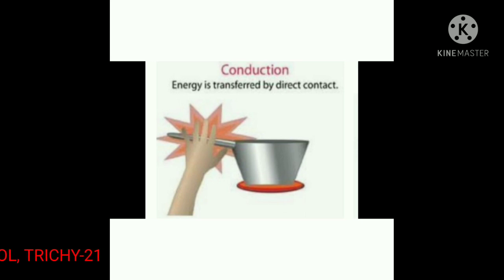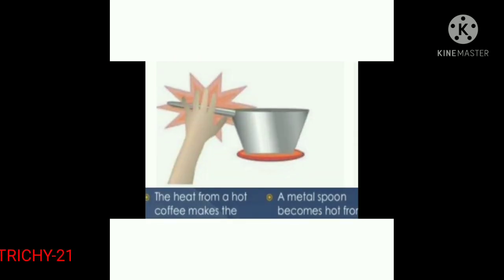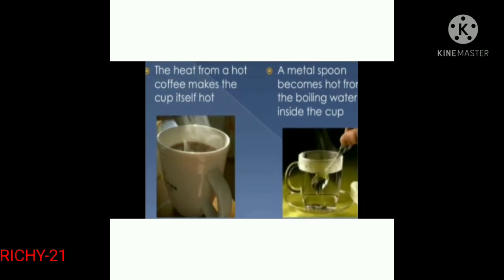When the vessel is heated, heat is transferred from the metal to the food. The heat from hot coffee makes the cup itself hot. A metal spoon becomes hot from the boiling water inside the cup. These are examples of conduction.